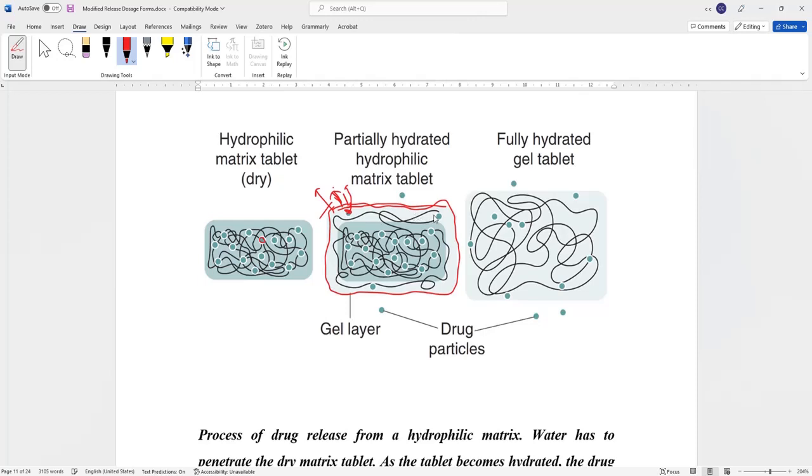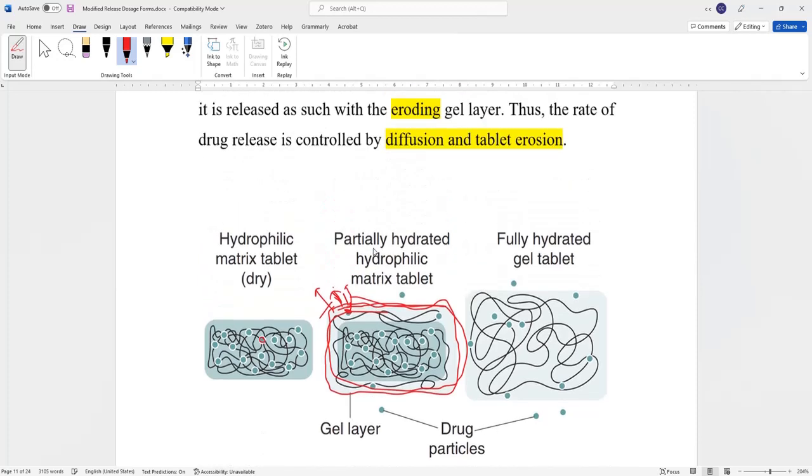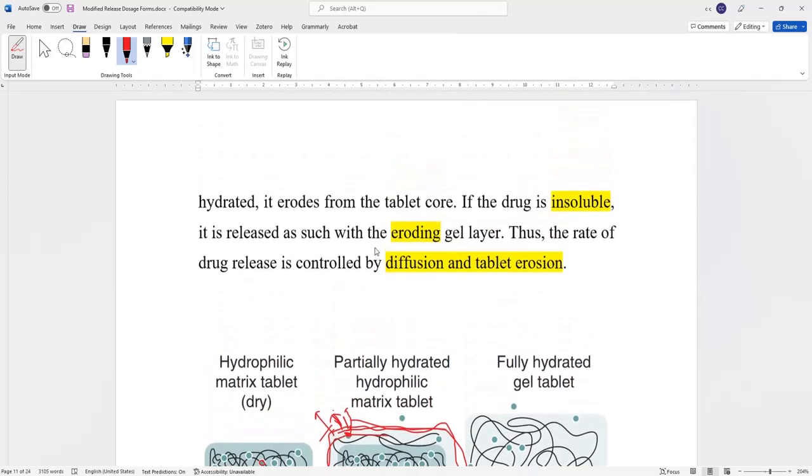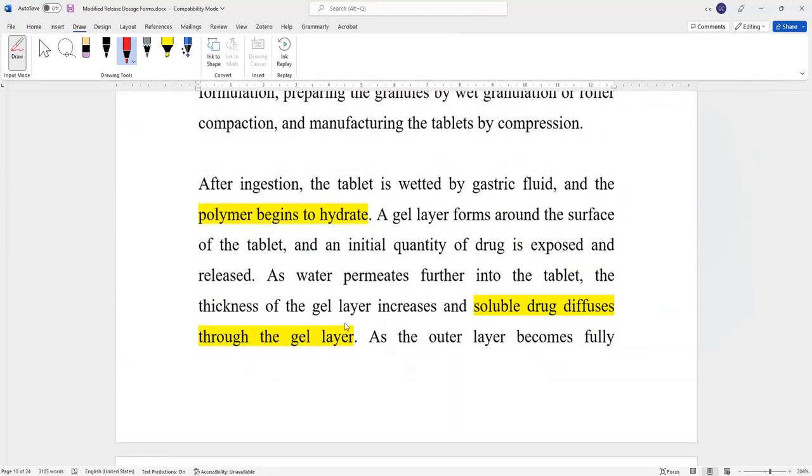It is very important that once the hydrophilic matrix tablet is swallowed, it gels quickly at the surface. If it doesn't gel quickly, the tablet might break and you will lose the extended release technology.